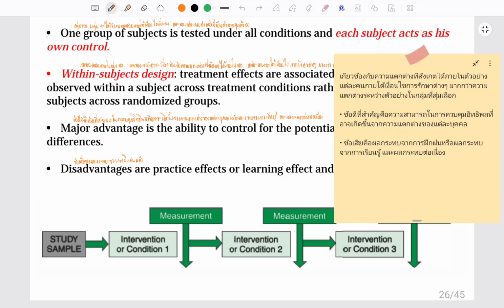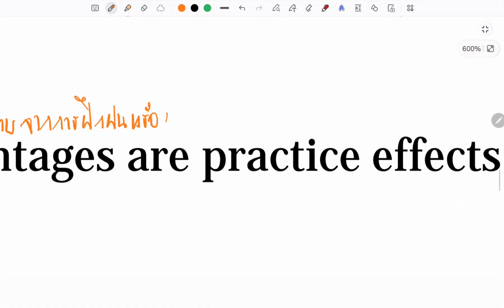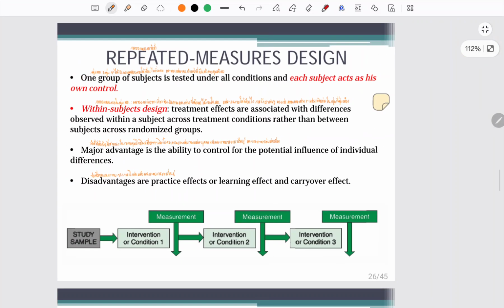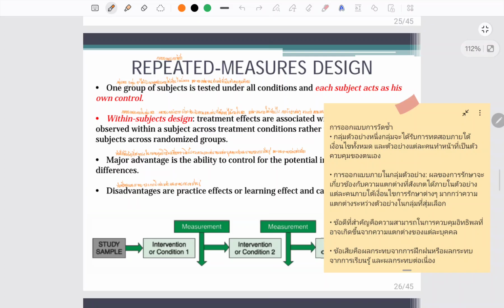For example, if you would like to find the effect of the design of a chair, maybe recruit all of you in this room, and the first chair will be this one, the second chair will be the one that you sit on, and the third chair will be that one.